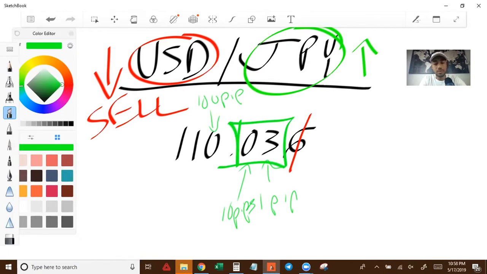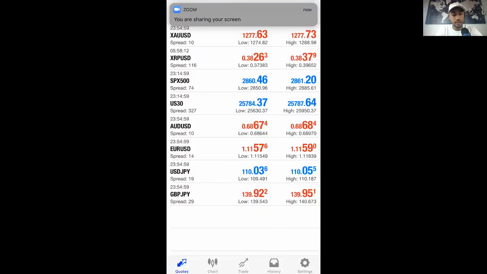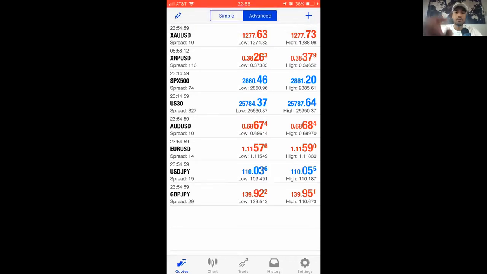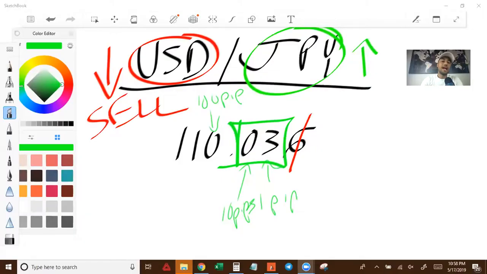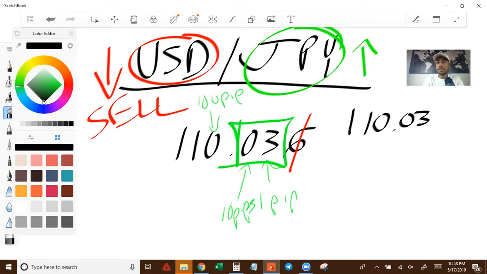So if we were to go back to our phone, we'd be able to see the 0 and the 3 in big and bold, same exact thing that we were talking about from before, right? So now we want to sell, so we want the number to actually go down. Let's just say that we got in at 110.036.